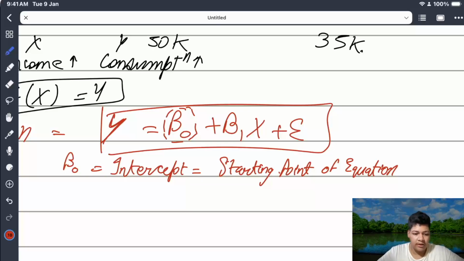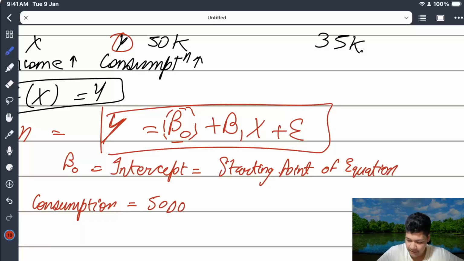Now let's take an example of income and consumption. Are you comfortable with it? Let's go. Y is the consumption. Consumption is equal to 5,000 plus 0.6 income.